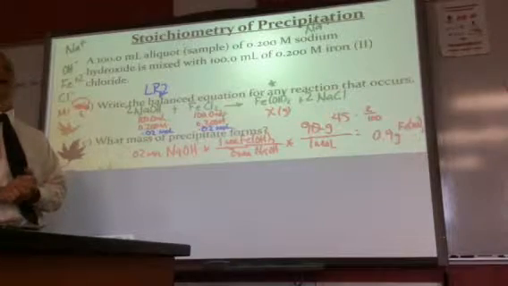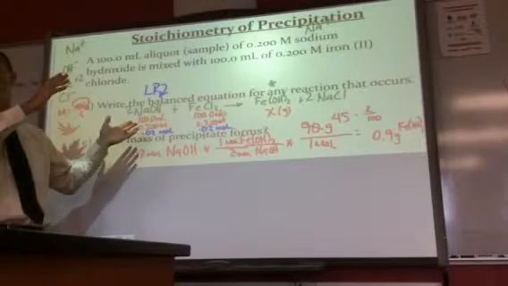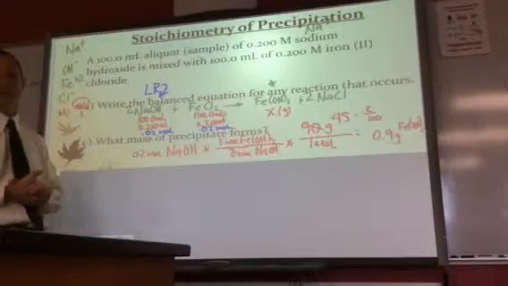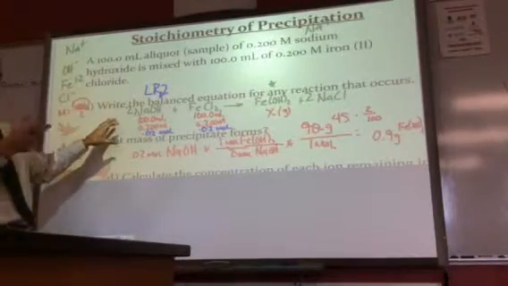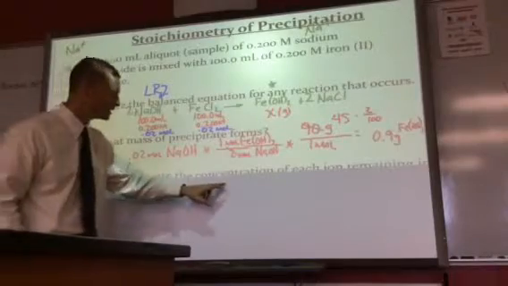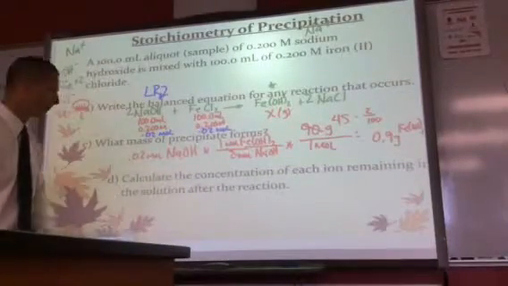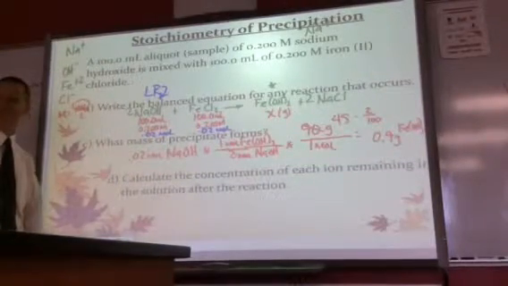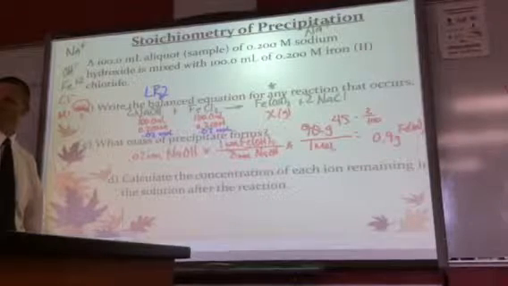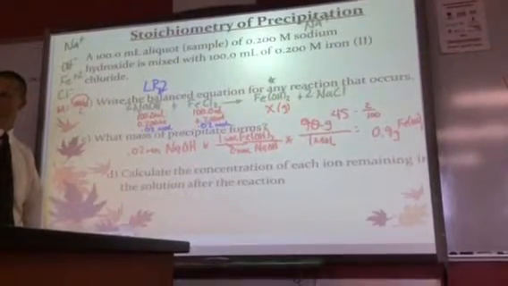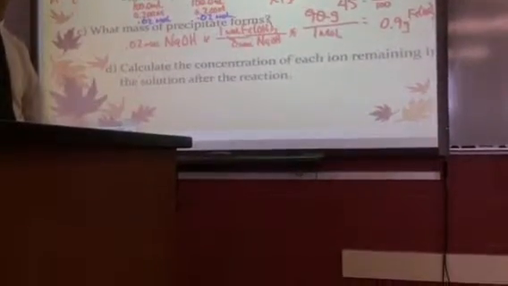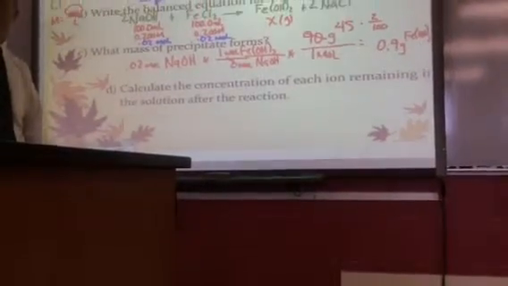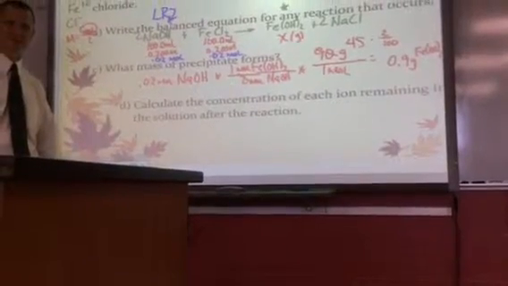Okay? This is a typical Zumdahl problem, where they're working you. And now look at part D. By the way, I don't remember what part B was, but I didn't like it enough to have it in class. Calculate the concentration of each ion that remains in the solution.